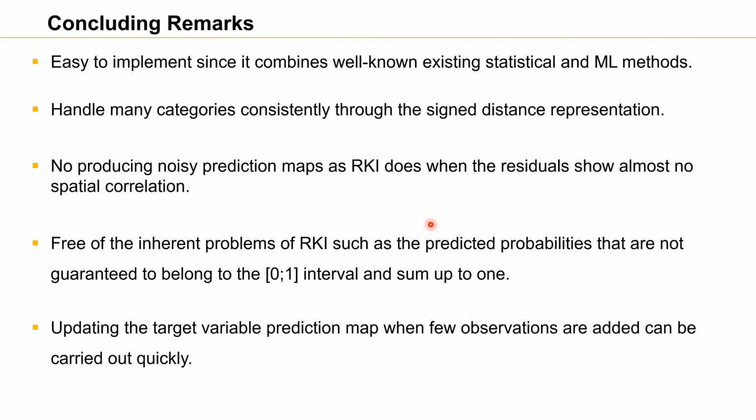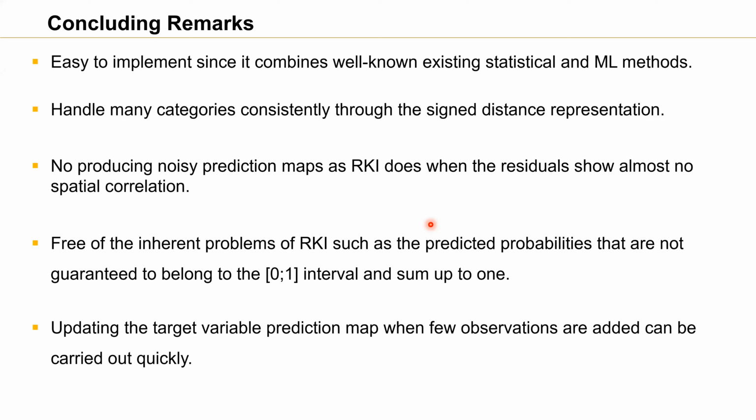Here I would like to highlight some remarks about this approach. It has some attractive features. The first thing is that it's very easy to implement since it combines some well-known tools that we usually use, like signed distance function, classical random forest, and quadratic programming.